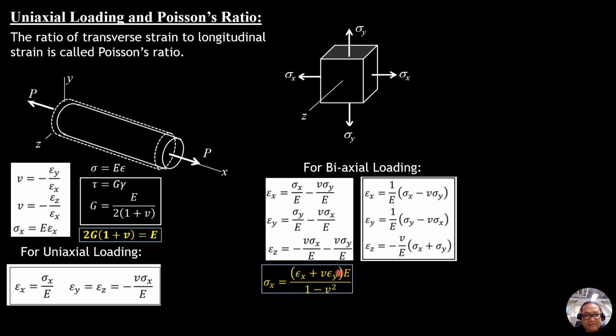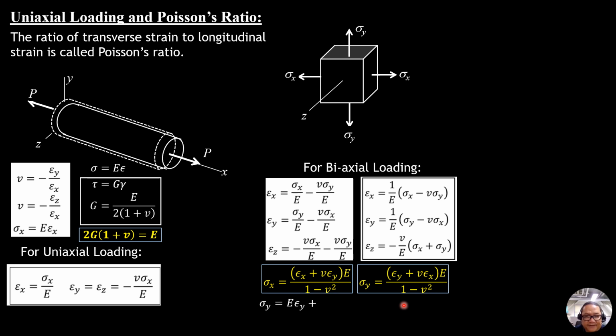So take note, Poisson's ratio transposes to the left, that's plus. Then strain y times E, then divided by 1 minus v squared. The reason for dividing by 1 minus v squared is that if we expand, sigma y, for example, we pattern it from here: strain along y plus Poisson's ratio strain x times E over 1 minus v squared.